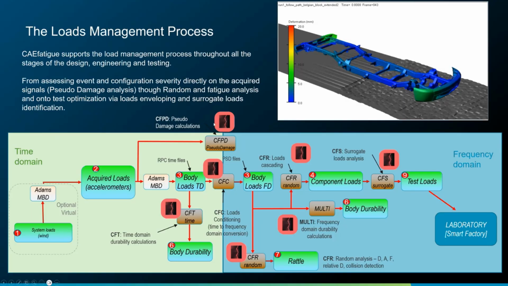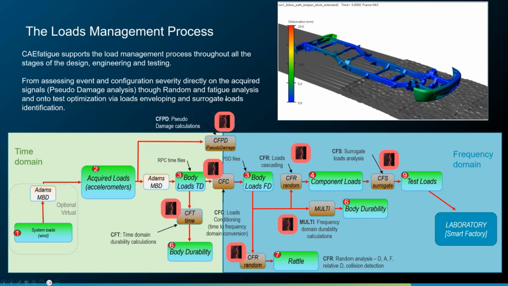Every time you see a little red symbol that represents CAEfatigue, you can see that we have modules and capabilities targeting that particular moment in the design process. For example, at this point we don't even have a final element model. We just have acquired loads, right?